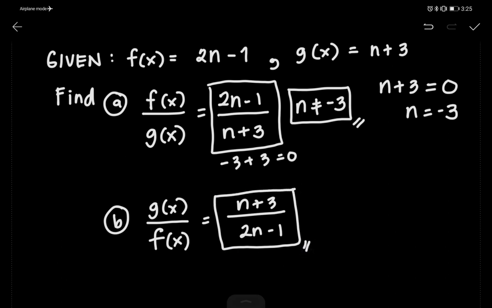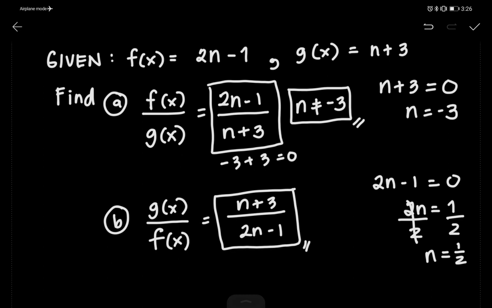So let us determine when the value of 2n minus 1 will become equal to 0. This will become 0 if we have 2n minus 1 equals 0, then transpose, 2n equals 1, so n is equal to 1/2. This means that our denominator will become equal to 0 if and only if n is equal to 1/2.